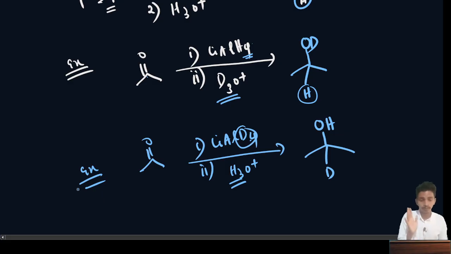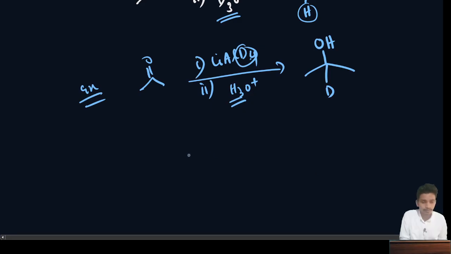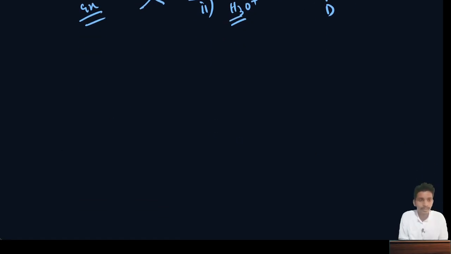While doing problems, sometimes they give lithium aluminum hydride, or sometimes instead of hydrogen they will take any isotopes. In that case we should know from where which H is coming, this D and the other. Like such, we have studied these reaction mechanisms in these groups.